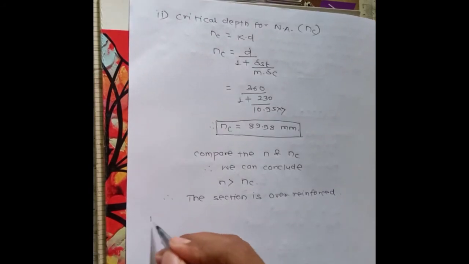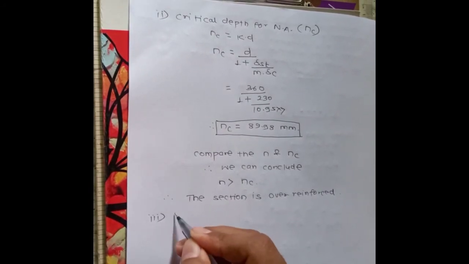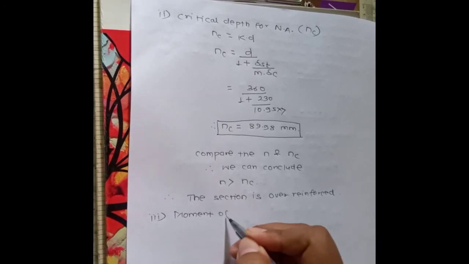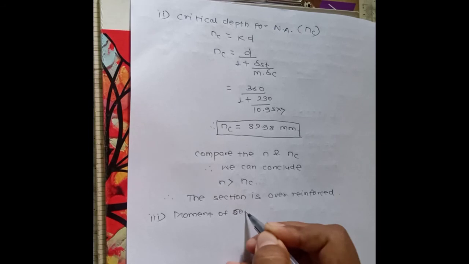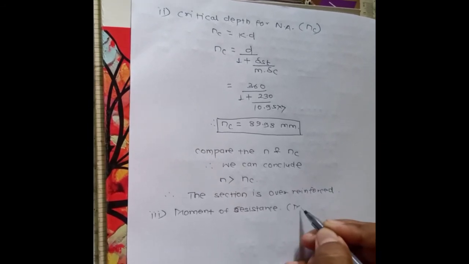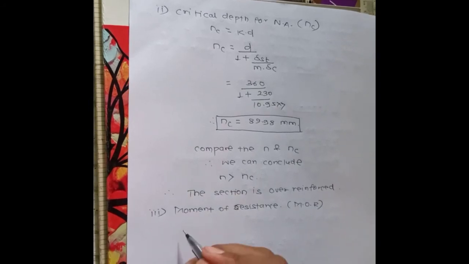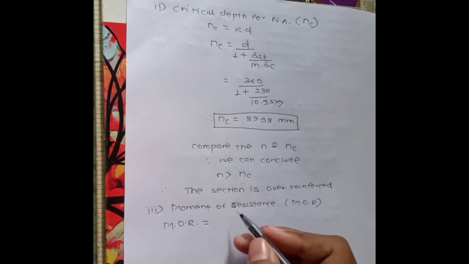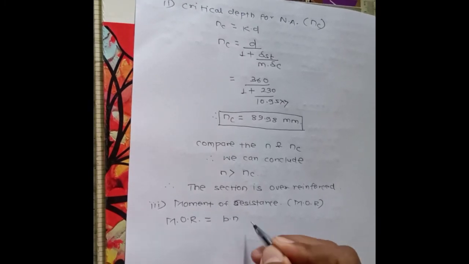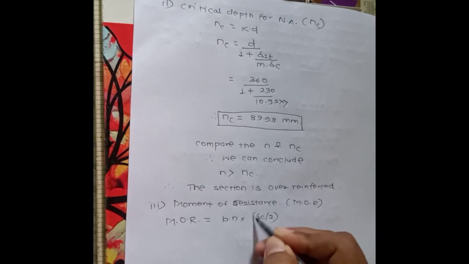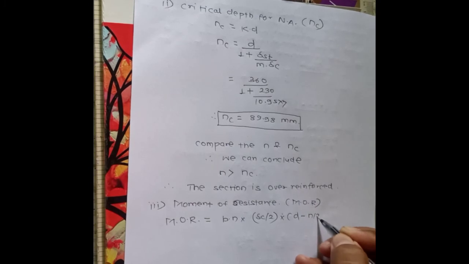So now the last step, that is the moment of resistance. It is denoted by MOR. We have the formula of MOR, that is b n into sigma c by 2 into d minus n by 3.